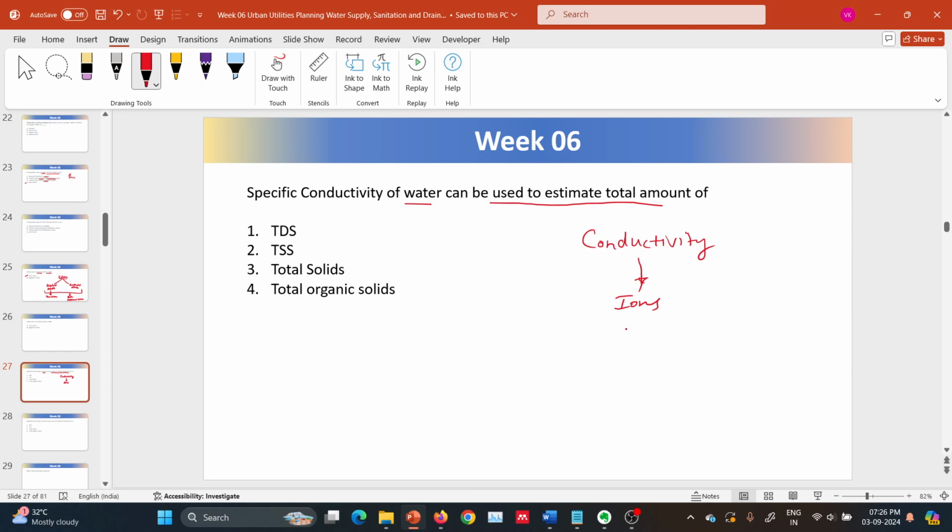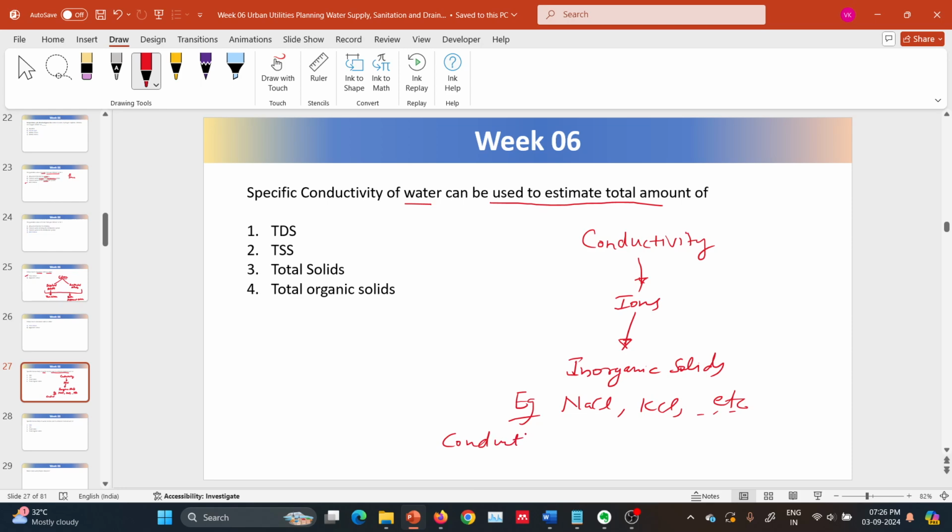Ions will move and then they will cause electrons to flow. These ions are due to inorganic solids. What are inorganic solids? Let's take an example. NaCl, KCl, these ions will conduct electricity.